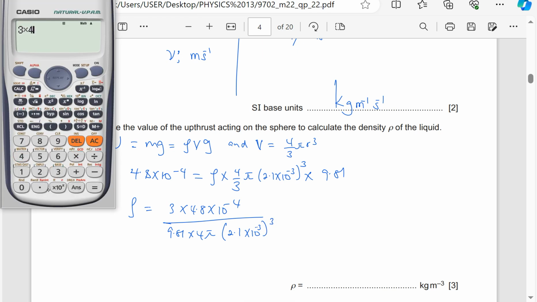I'll first divide by 9.81 times 4 pi, then I'll open another bracket, 2.1 exponent minus 3, and I will raise this to power 3.